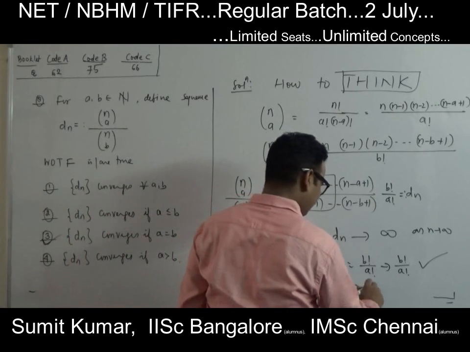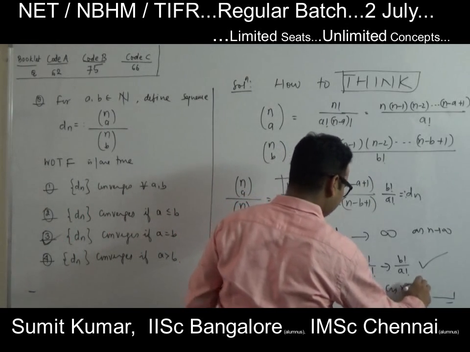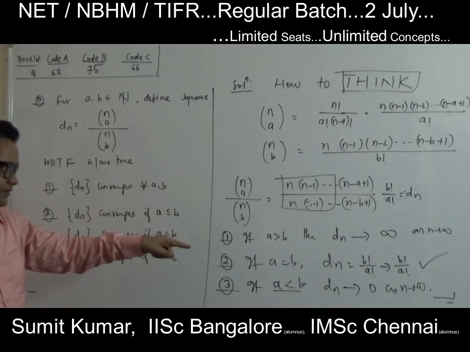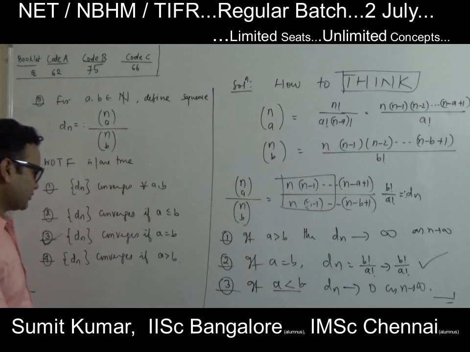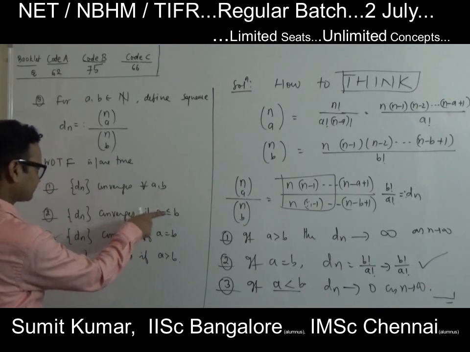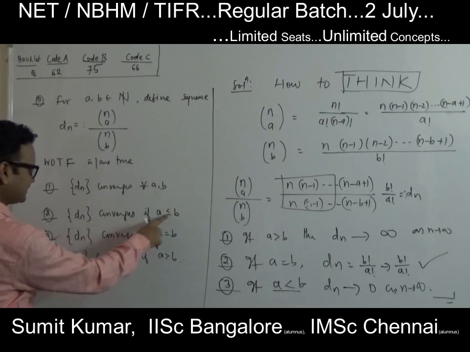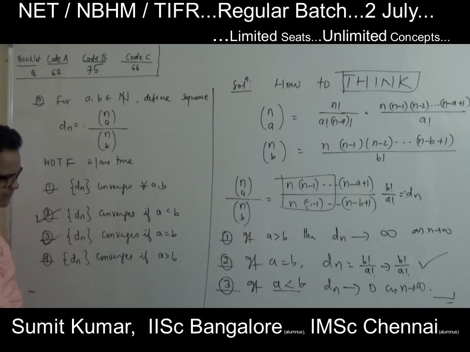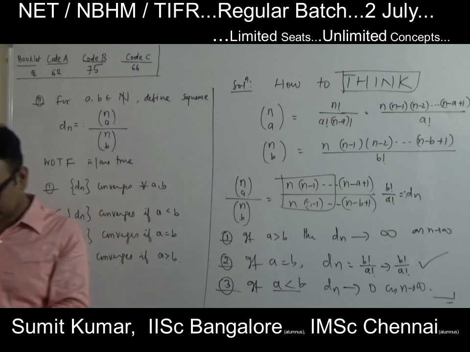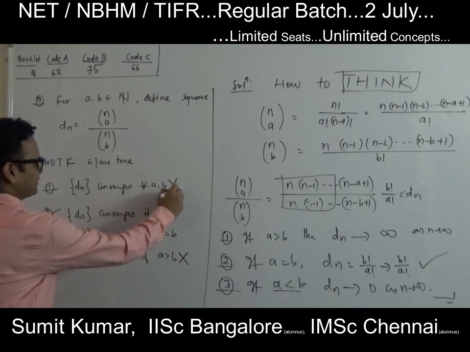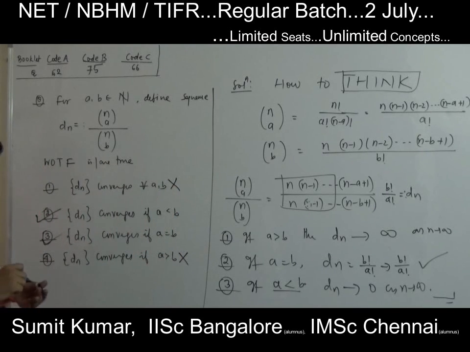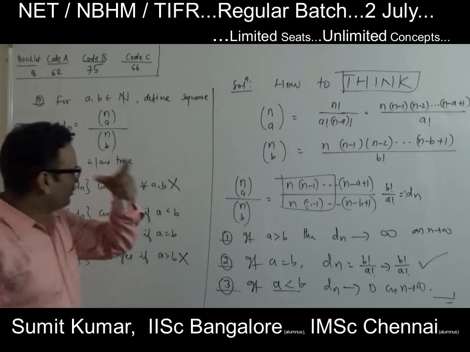So Dn tends to 0 as n tends to infinity, because something will be there in the denominator. So if a is less than b, Dn converges. Hence a less than or equal to b converges. The first option is false and the fourth is not true. So only options 2 and 3 are true.